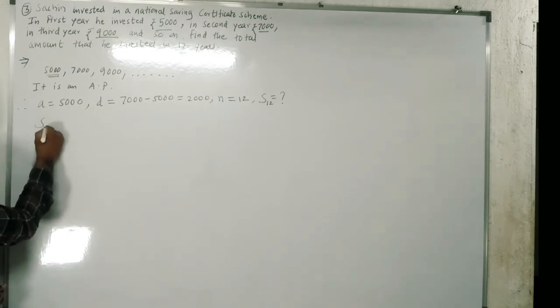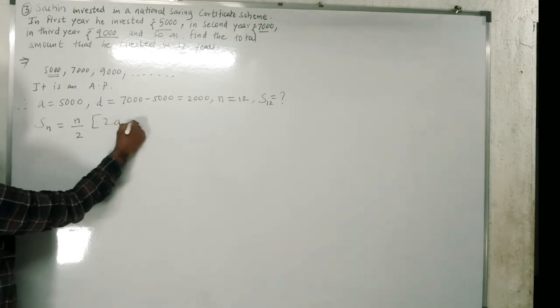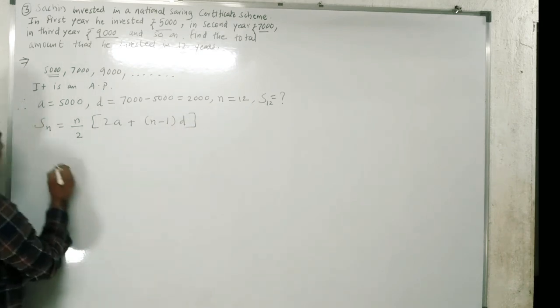So we have the formula Sn is equal to n upon 2 bracket 2a plus n minus 1 into d.